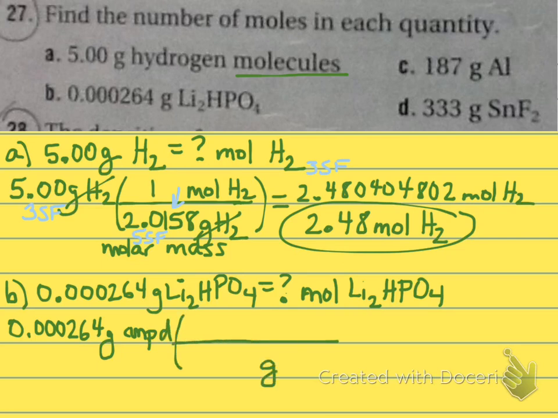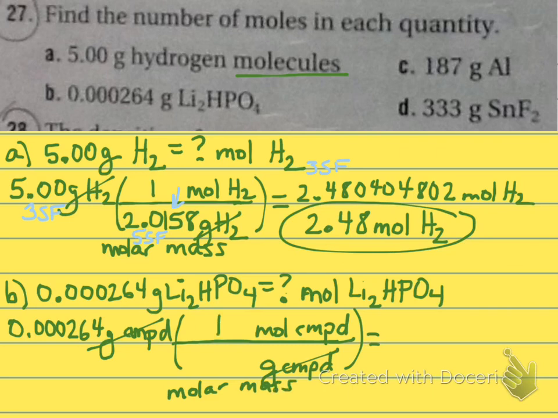And grams of compound have to go on the bottom. Moles of compound have to go on the top so that they will cross out correctly. I want moles of compound, so that's good. Again, this is my molar mass. So it's 1 in front of moles.